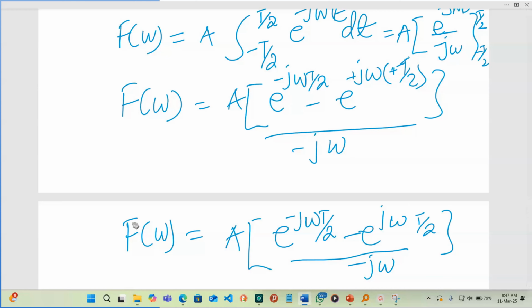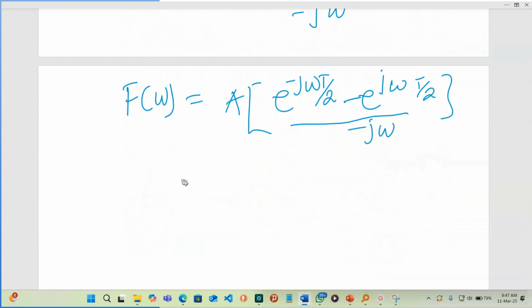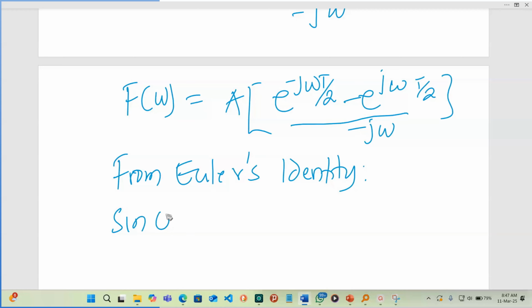And let's do some manipulation here. From the Euler identity, 2j sine theta is equal to exponential of j theta minus exponential of negative j theta. So what does that call us to do?